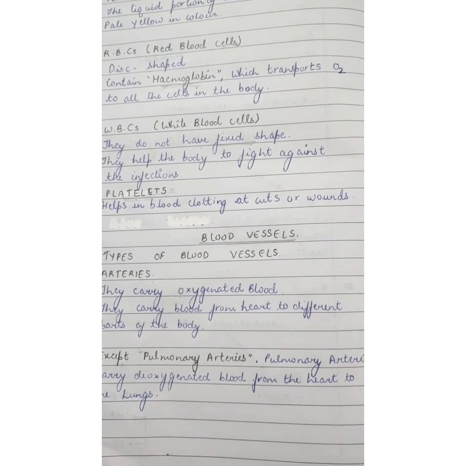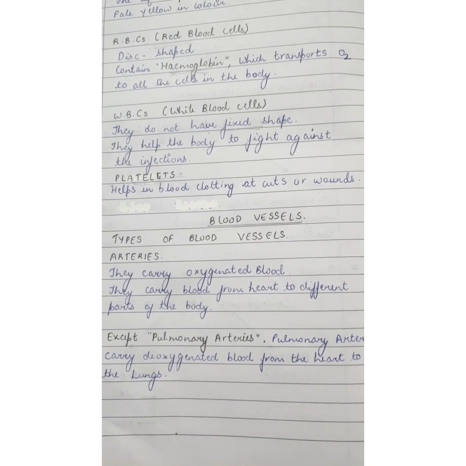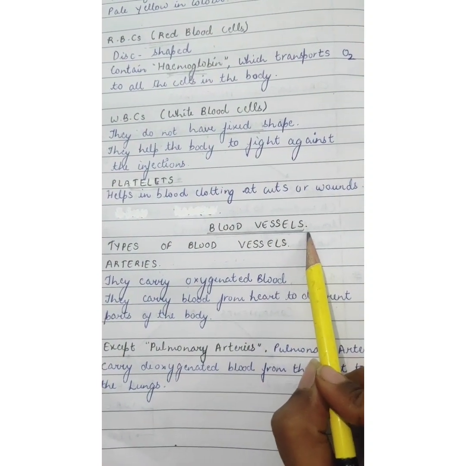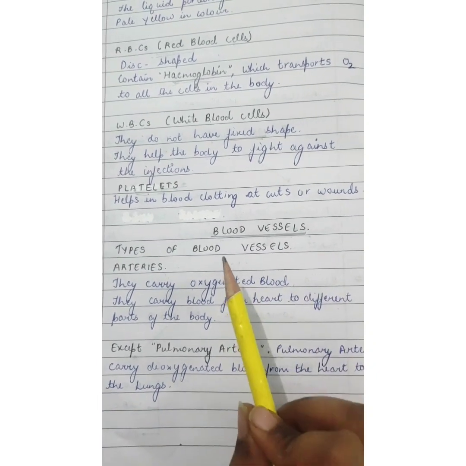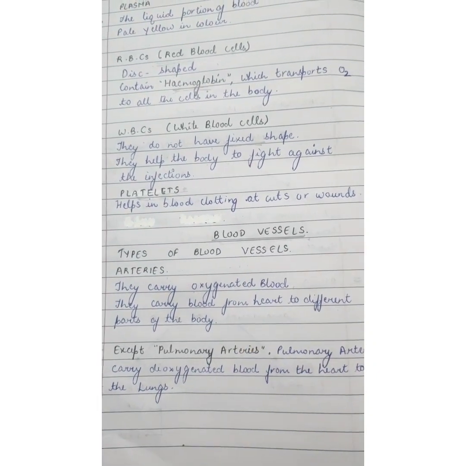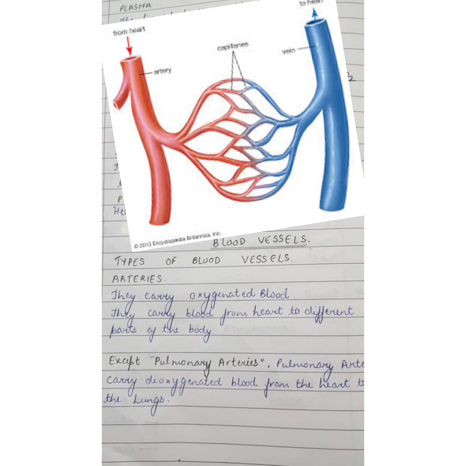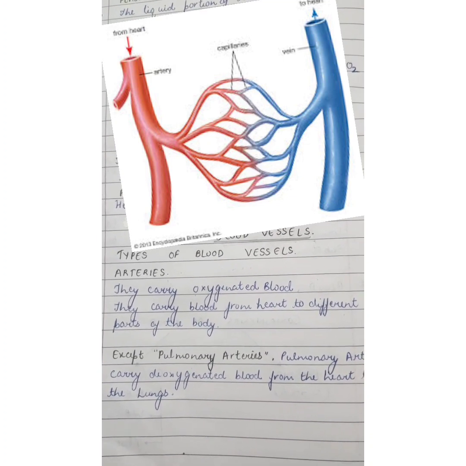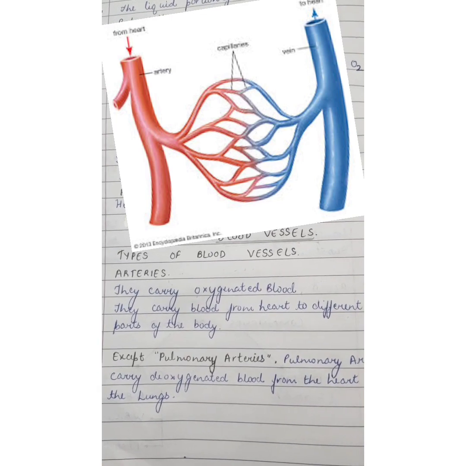Now coming to the next part of the human circulatory system, that is blood vessels. The human circulatory system consists of 3 types of blood vessels: arteries, veins and capillaries.